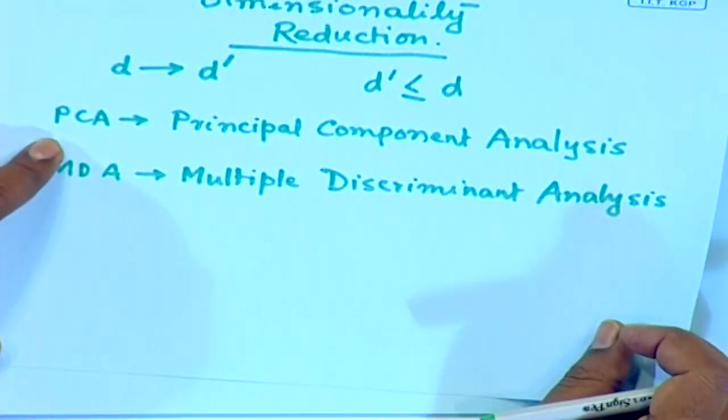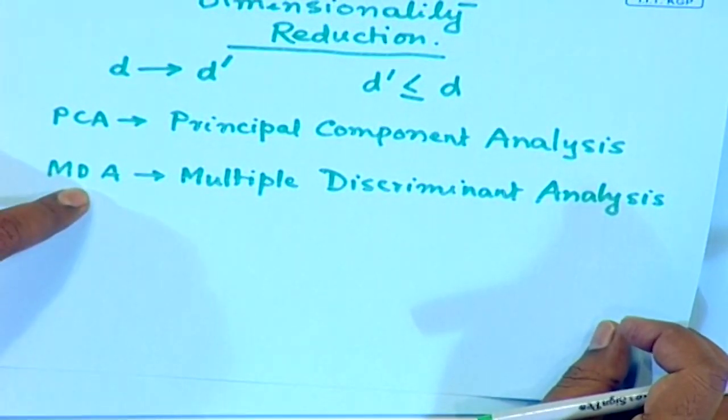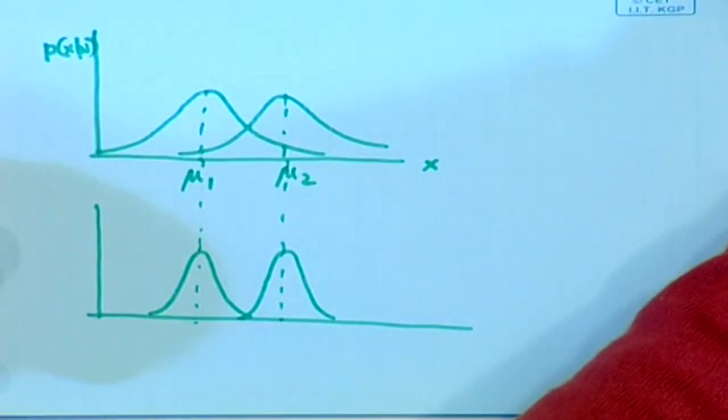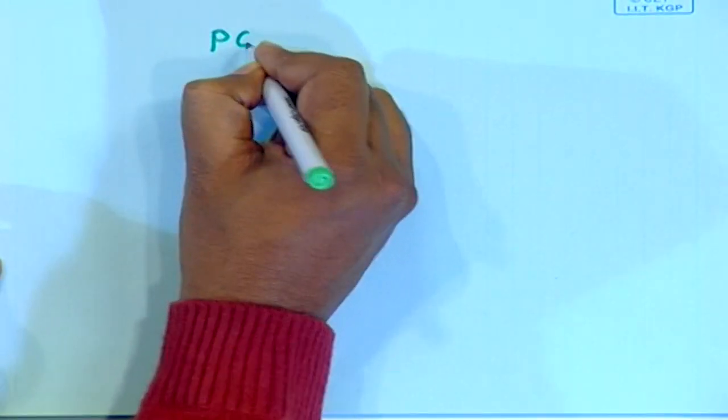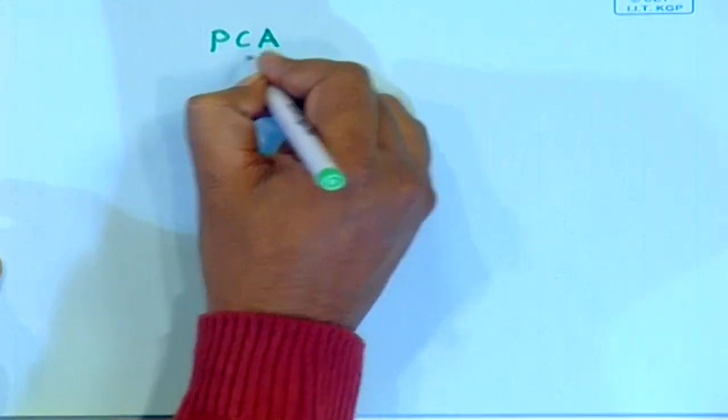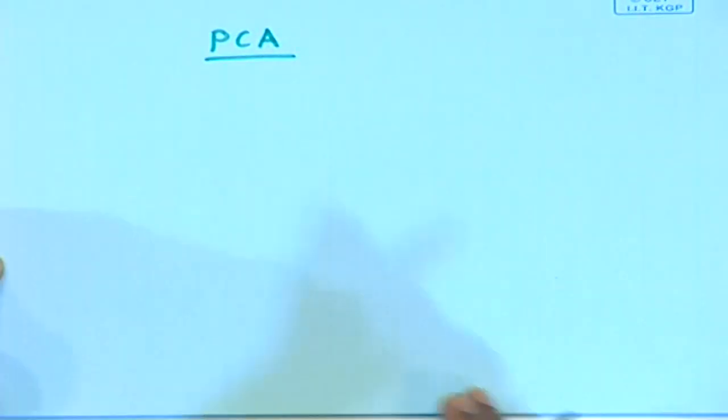One is to increase the distance between the means and simultaneously reduce the variance within the class, so that the overall error is minimized. So, these are two different approaches: one is principal component analysis, the other one is multiple discriminant analysis. Today what we will discuss is the principal component analysis approach, or PCA.